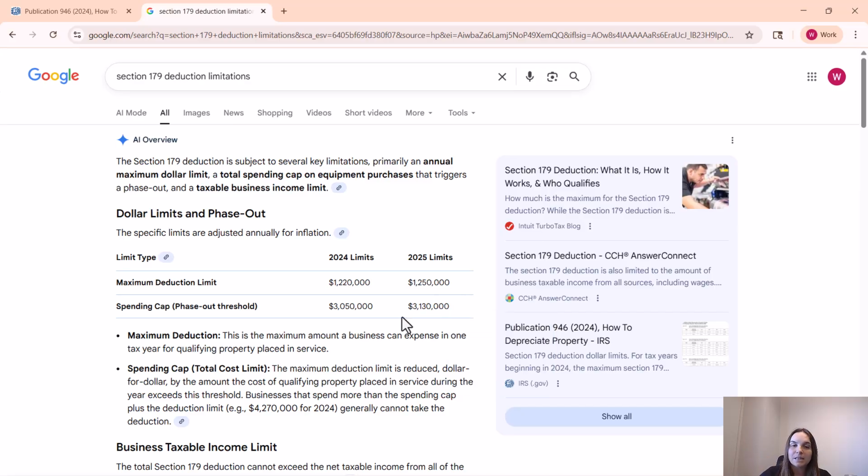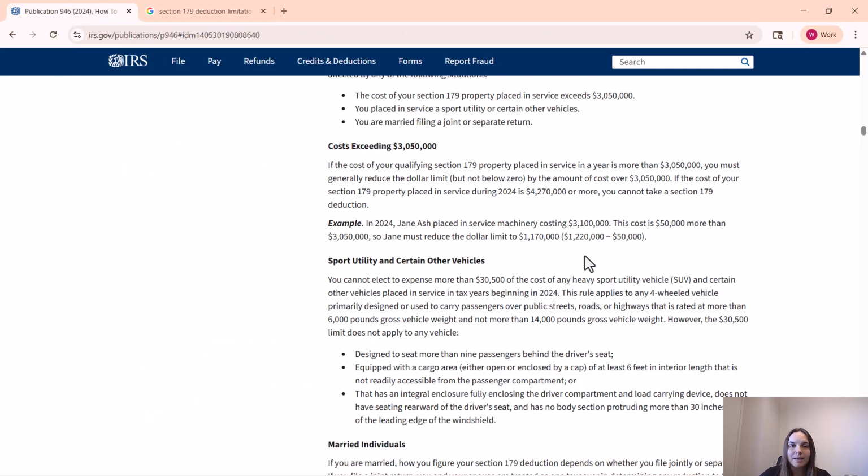This means that for 2025, once you hit $4,380,000 in Section 179 assets put into service, you can't take Section 179. Okay, so that's the dollar limit.